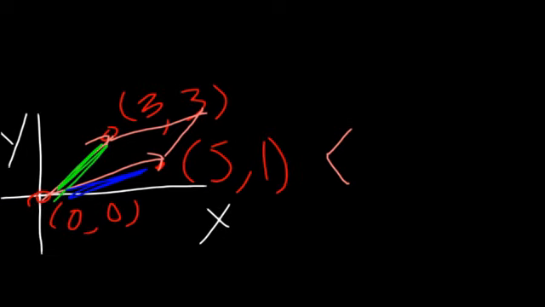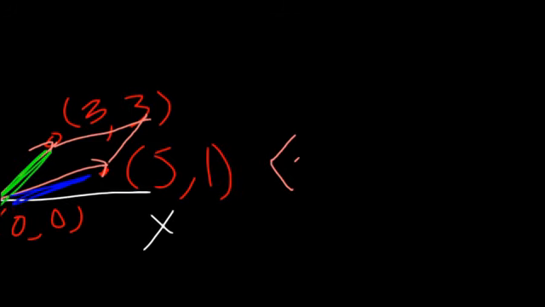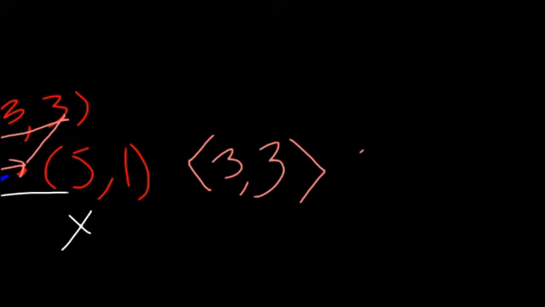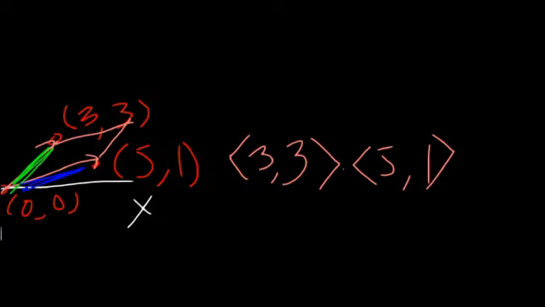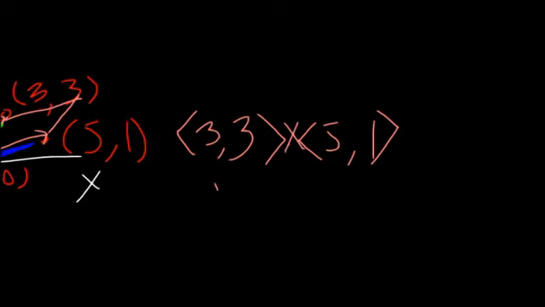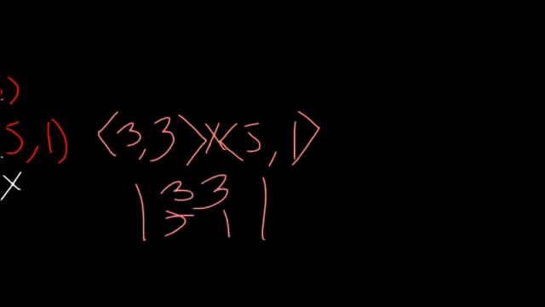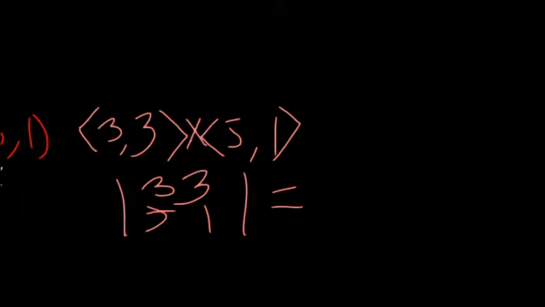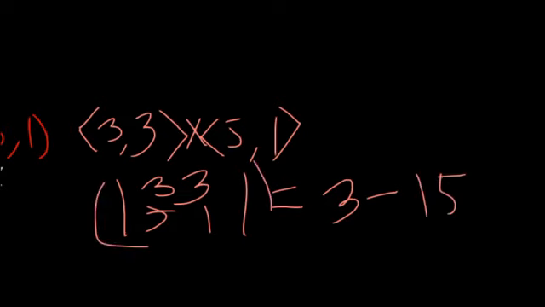So since we're from the origin points, the vectors are going to be 3 comma 3 cross 5 comma 1, not dot, cross, again the confusion there. 3, 3, 5, 1 equals 3 times 1, 3, minus 3 times 5, minus 15, the absolute value of that.